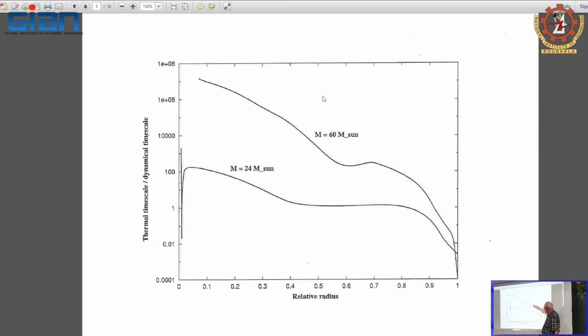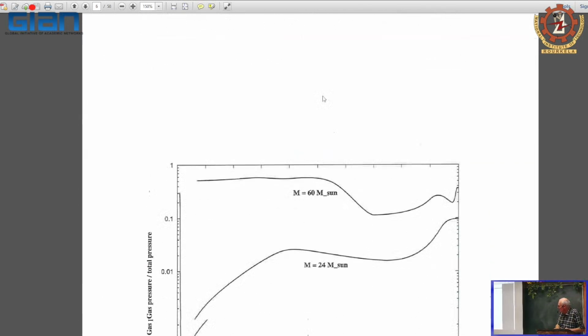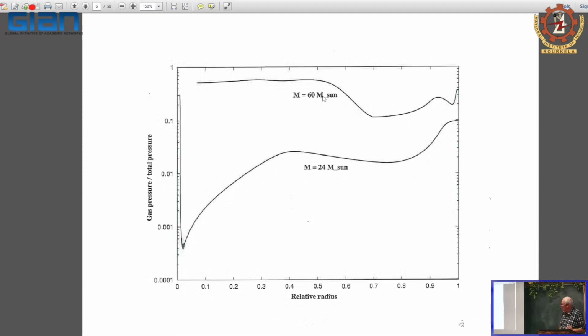Large masses correspond to high thermal timescales, and once we reduce the mass, the range where the thermal timescale is small is bigger for the low mass stars compared to the 60 solar mass star, where the domain where thermal timescale is small is only the outermost 10%, whereas for the 24 solar mass object it's almost half the radius.